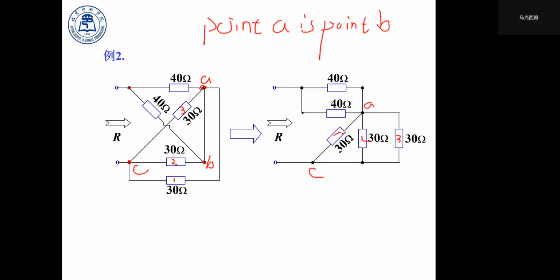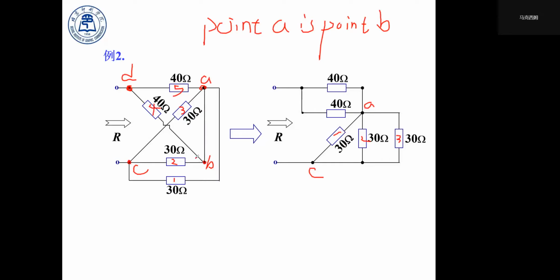We can also call the first 40 ohm resistor resistor 4, and this one resistor 5. Resistor 4 is connected to points D and B, and resistor 5 is connected to points D and A. So the left ends of them are connected to one single point, and the other ends are connected by a wire, so they are also connected to the same point.